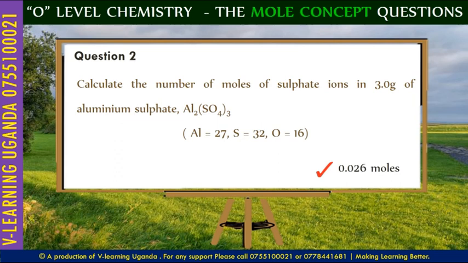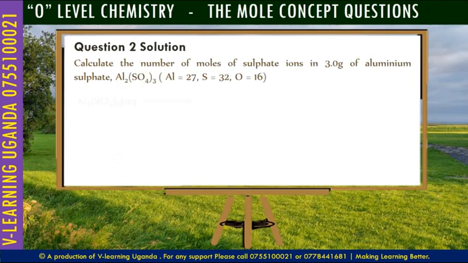We're looking at the sulfate ions, and we look at the case of ionization of aluminum sulfate. Aluminum sulfate ionizes to sulfate ions as well as aluminum ions. So we need that equation so that we can get the actual mole ratio.